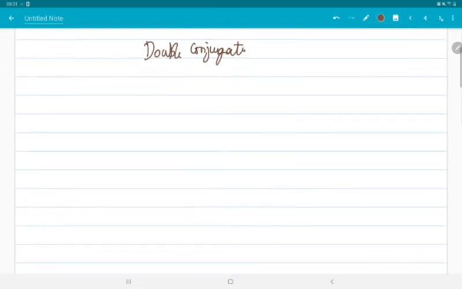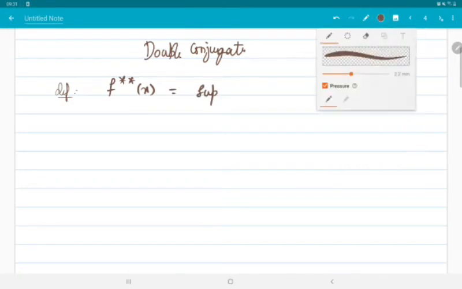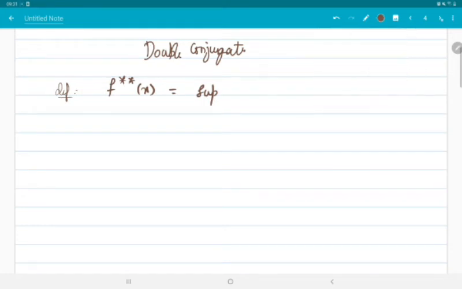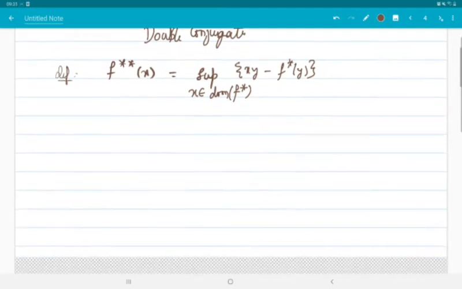It is defined as f double star of x equal to supremum over y in domain of f star of xy minus f star of y. So it is just the conjugate, but already we have a conjugate function, so it is getting operated on the conjugate function.